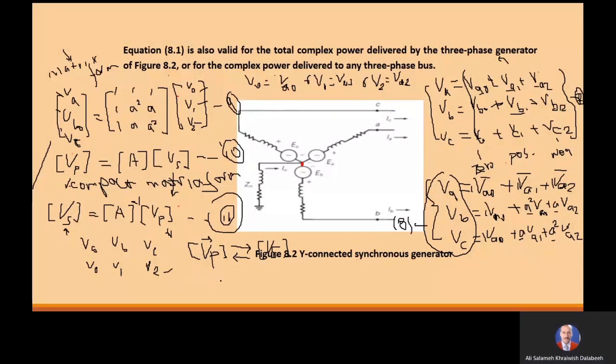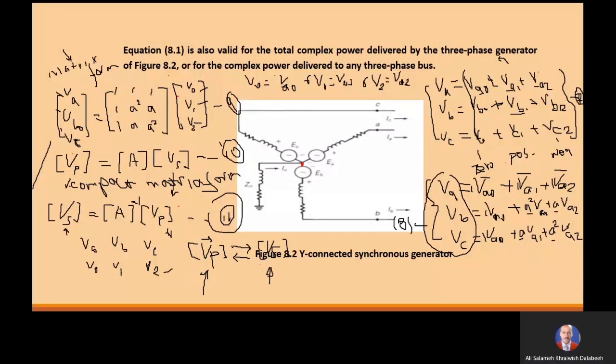This is the most important note that I want to explain. We can convert the phase quantities to sequence quantities. We can work in the phase domain, and also we can work in the sequence domain.